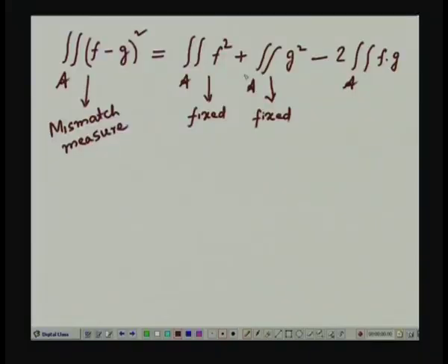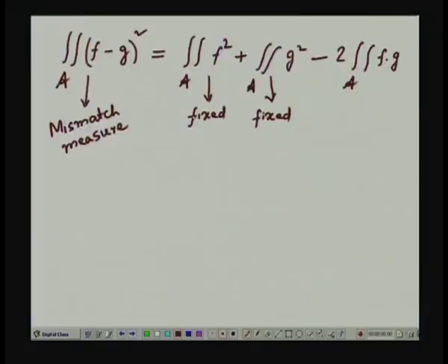Now, when I expand this, it becomes double integration f square plus double integration g square minus twice into double integration f into g, and as I said, for a given template f square is fixed, and for a given image and a given region g square is also fixed. That means, this f minus g square integration will be minimum when this f into g double integration term will be maximum.